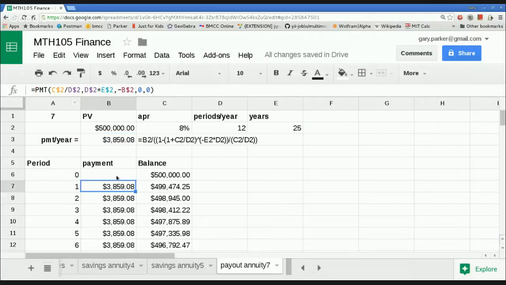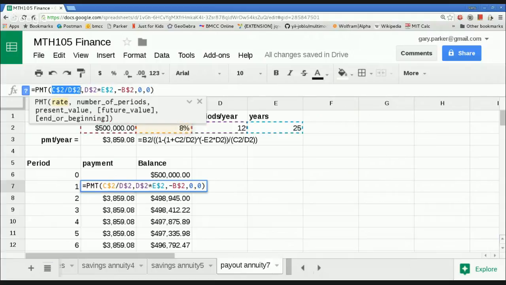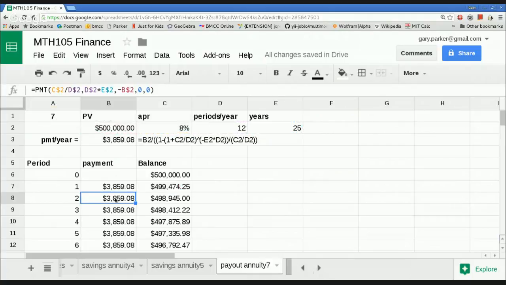It just says to make this calculation, we need a periodic rate, we need the number of periods that's elapsing, and then we need to know what the initial value is. And here I made that a negative so that I get a positive value showing here because we're withdrawing. And that negative sign makes sense. Some of the other formulas in Excel, because I'm using the formula in a strange context, the negative is kind of weird, but it's what I had to do to make it work.